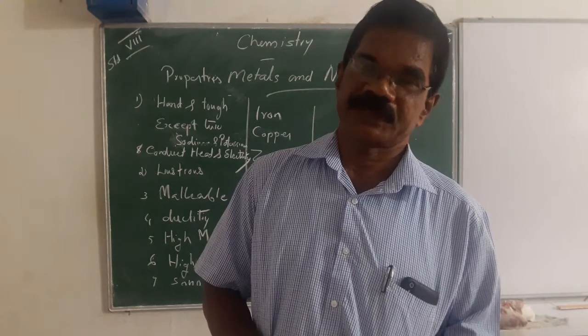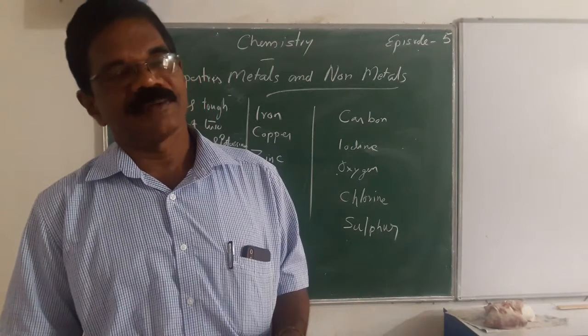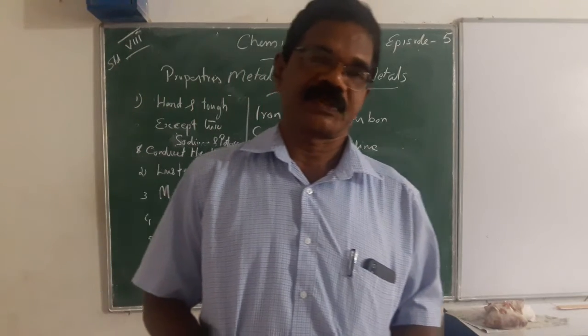They are good conductors of heat and electricity. The cooking vessels are all made up of aluminium or copper metals. They are also good conductors.